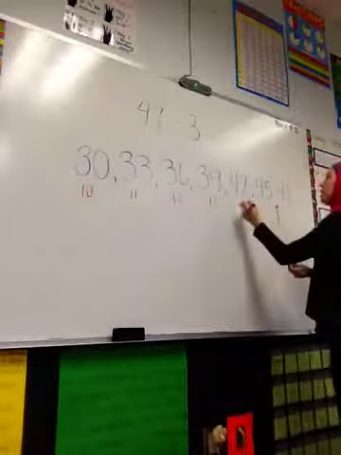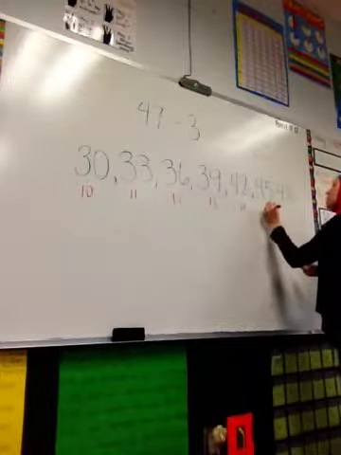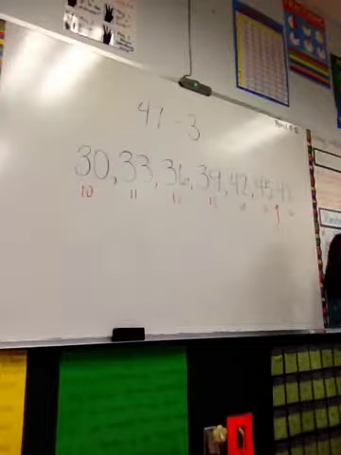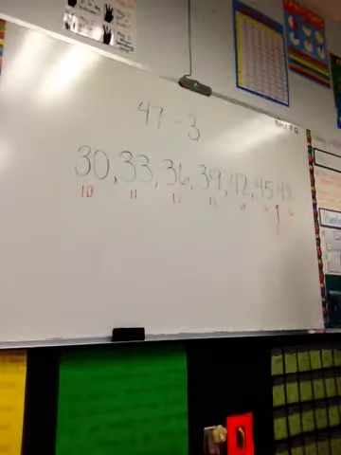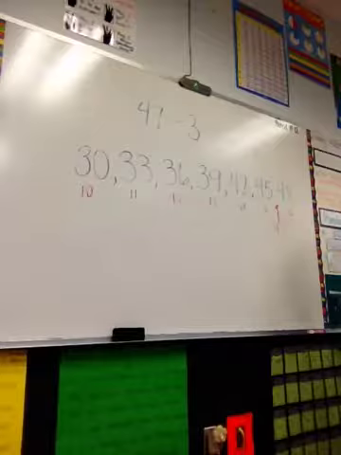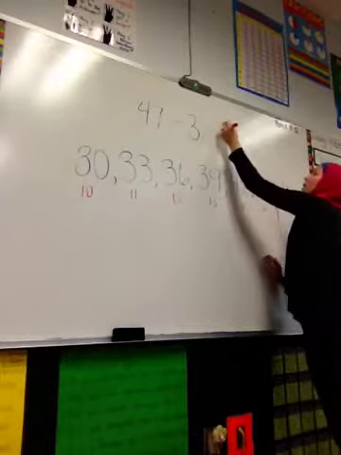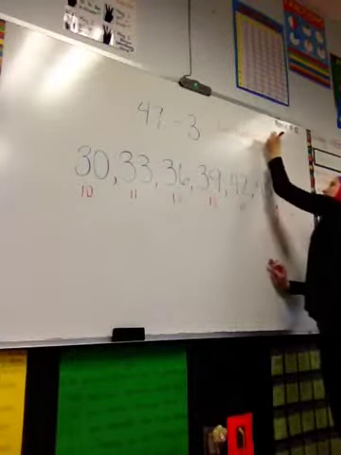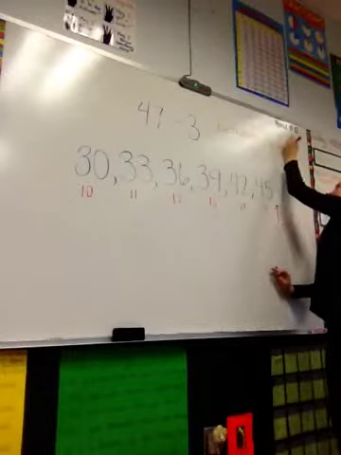14. 15. Yeah, you could start from 12, but 10's easy. So, now, Ahmed, what two numbers is it in between? Okay, so, my answer is going to be between 15 and 16.